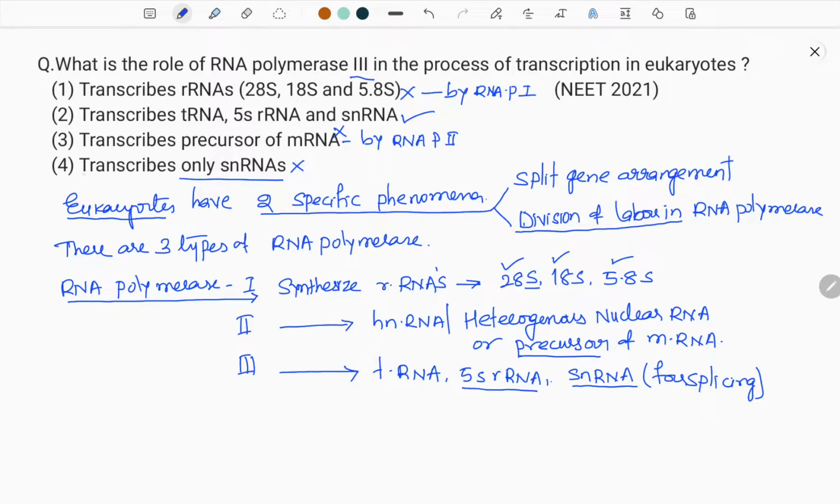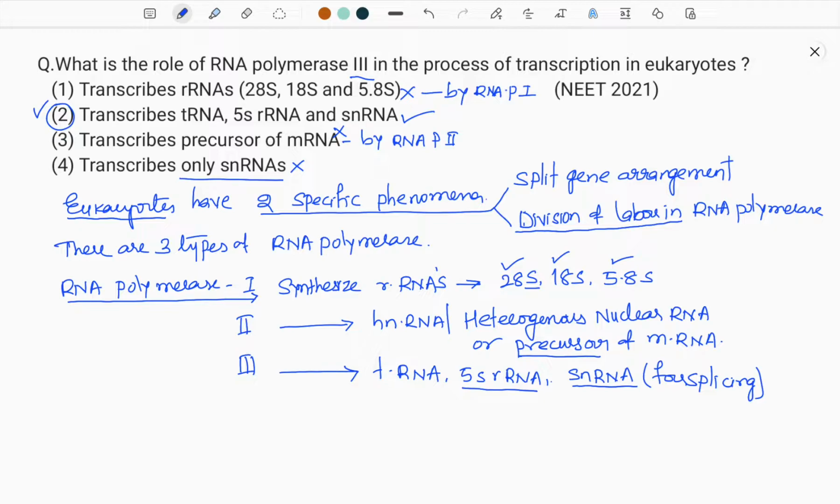So the fourth option is also wrong. The correct answer is option 2. This is a very peculiar phenomenon seen in eukaryotes, so one should remember the division of labor and the functions of RNA polymerase 1, 2, 3, as well as the split gene arrangement seen in eukaryotes.